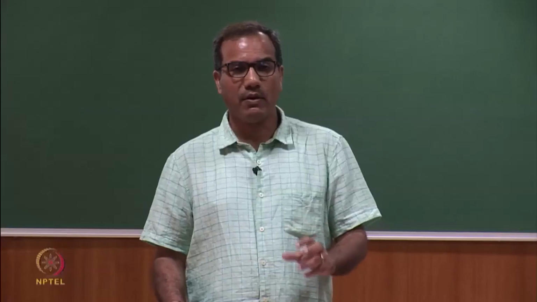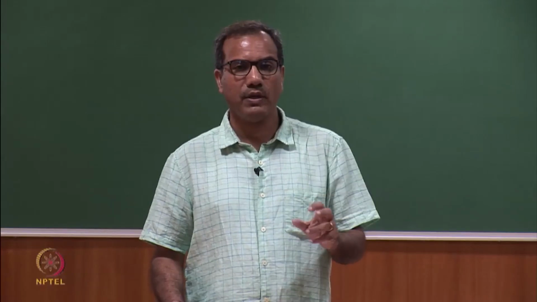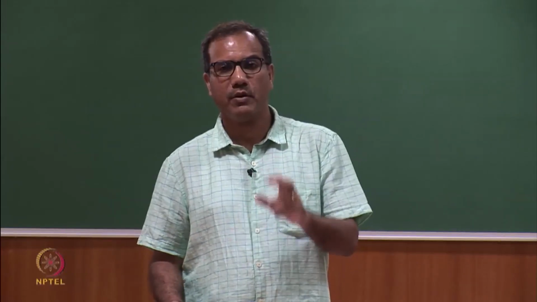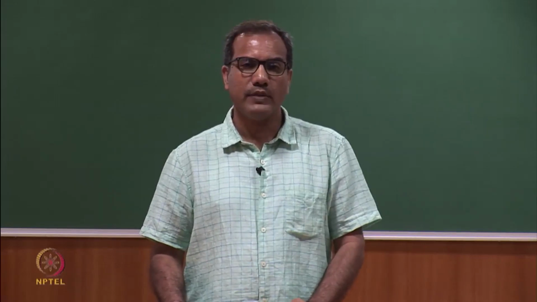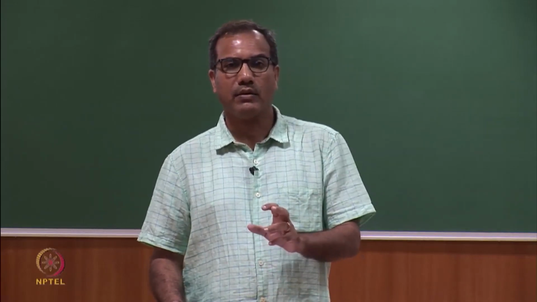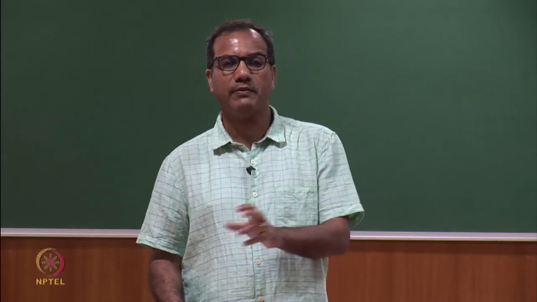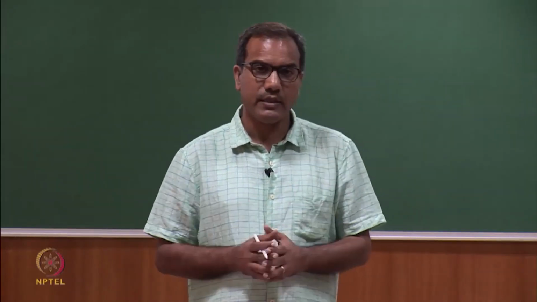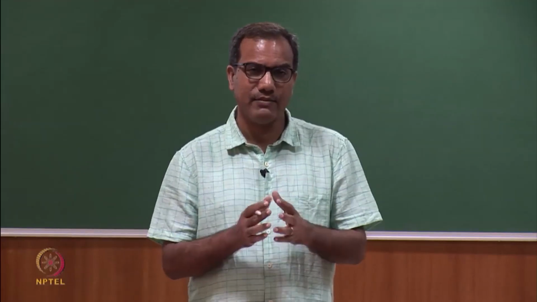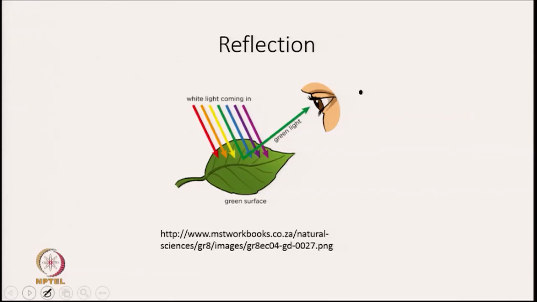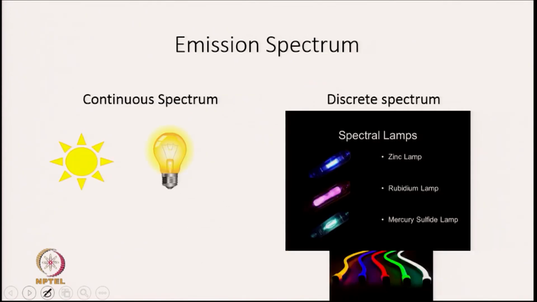So, based on the extent of stimulation of these three cones, we see objects of different colors. In this case it is the reflected light which reaches our eye. Here we see the leaf as green, since when light interacts with the leaf, the green part of it is reflected to our eyes, and that is the reason why the leaf looks green.